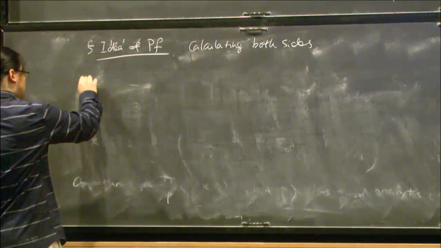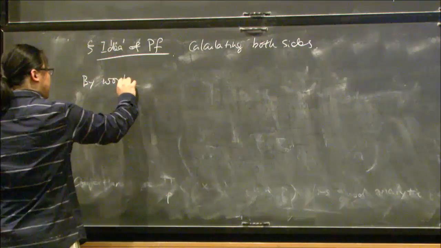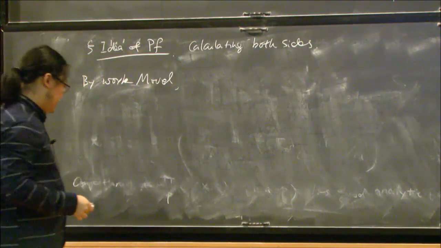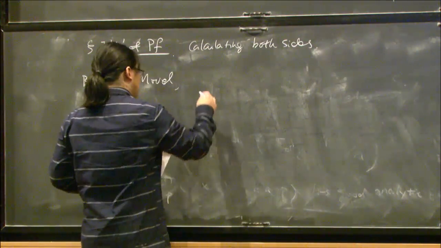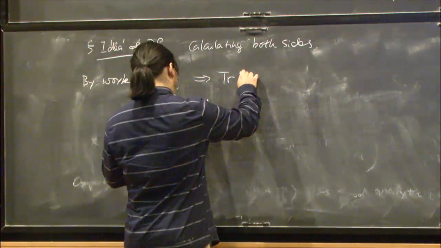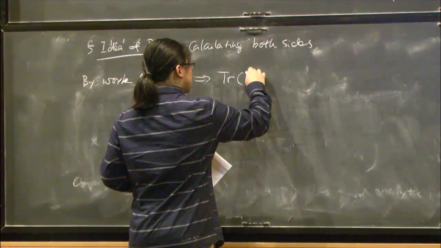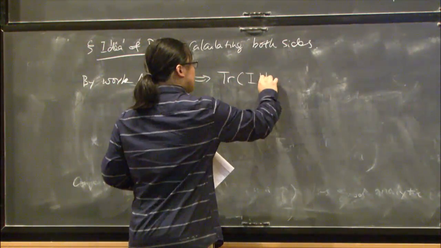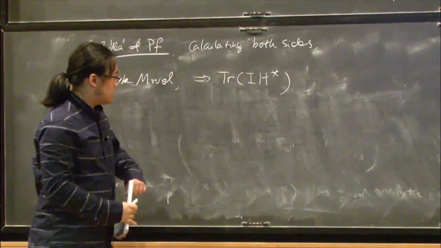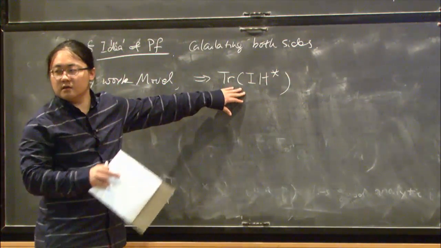Firstly, by the work of Morel, we know how to calculate traces on intersection cohomology in terms of traces on compact support cohomology of the various strata in the Baily-Borel compactification. So you could express this trace. So this is an abbreviation for the left-hand side.